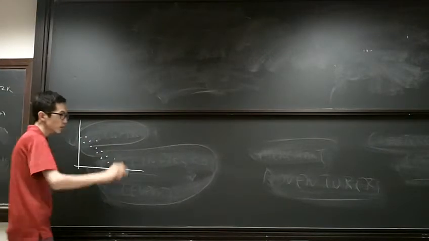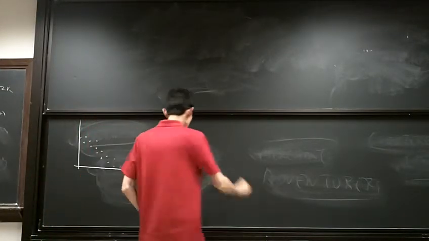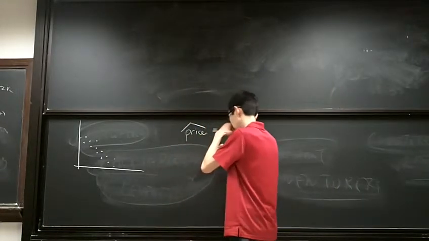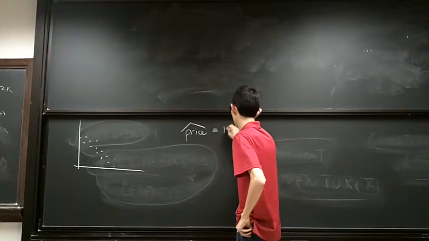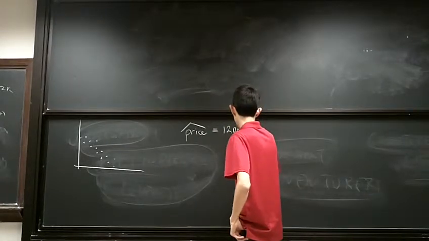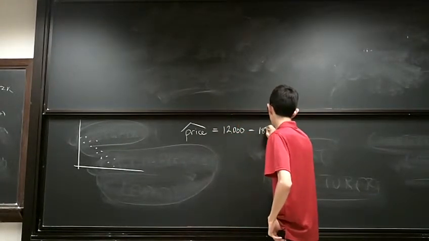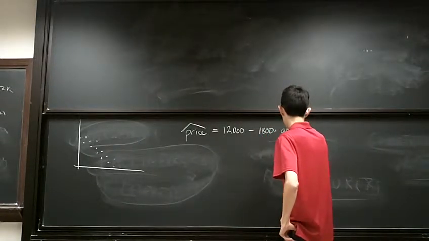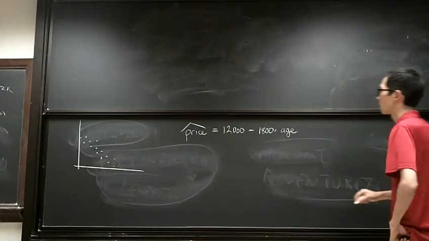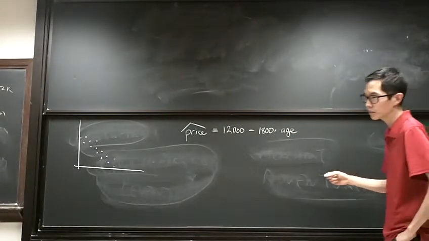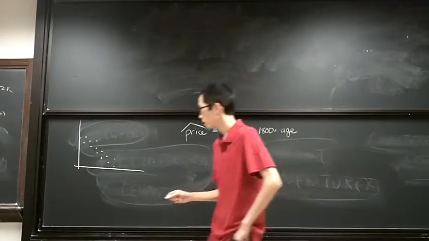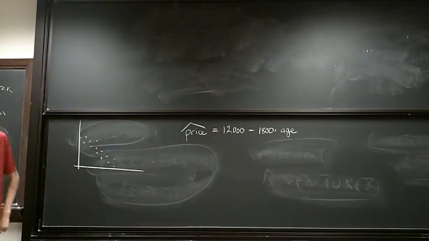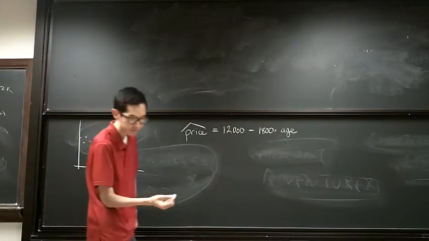Okay, so let's say, all right, listen up, you guys. So let's say this is a linear regression model to predict the price of a car based on its age.